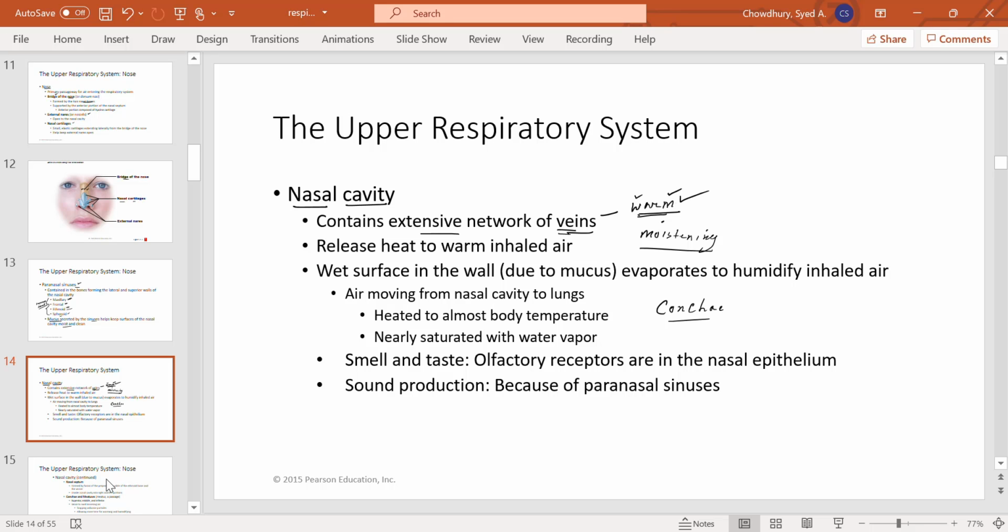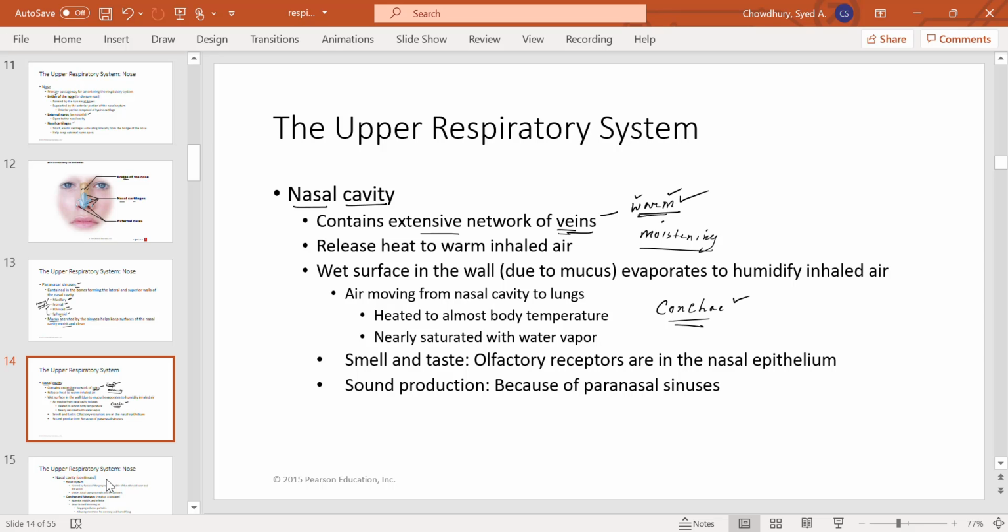So you have three pairs, and because of those structures, the entering air would stay there and circulate inside the nasal cavity for a longer time. So it will get mixed with the moist surface and the warm surface of the nasal cavity. That is called the turbulence of the air, helped by the concha. So to make sure that the air gets enough time to get moist and warm.